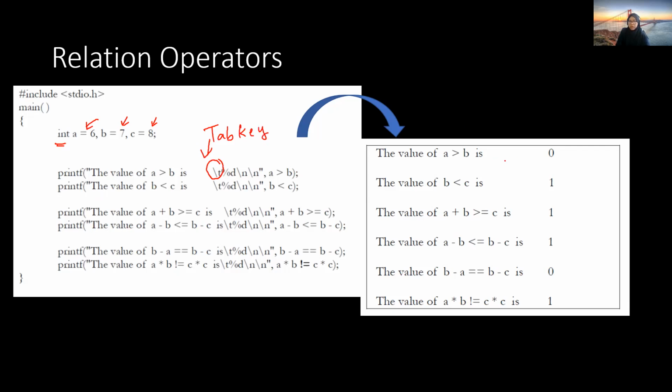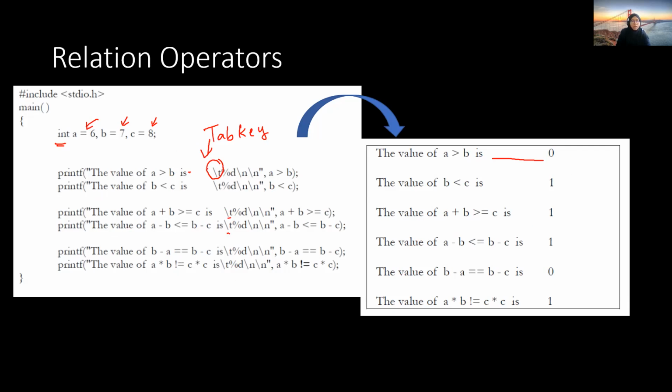That's why you can see the space in between the values. Same thing, you can see that this is tab and tab, and the output is in one line.